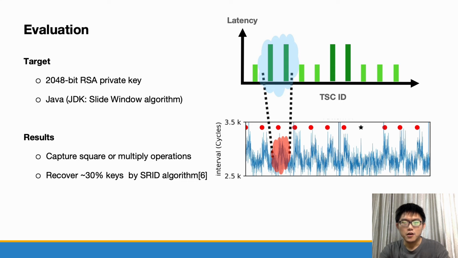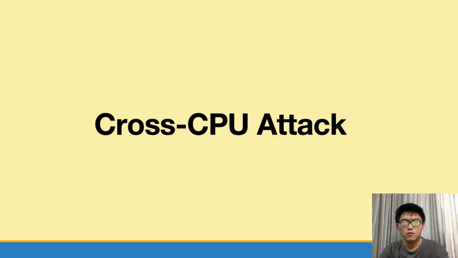The black star is a multiply operation, inferred from the gap. By an algorithm called SRID in reference 6, we could recover about 30% of all the RSA exponent bits. That's all about the cross-core attack.